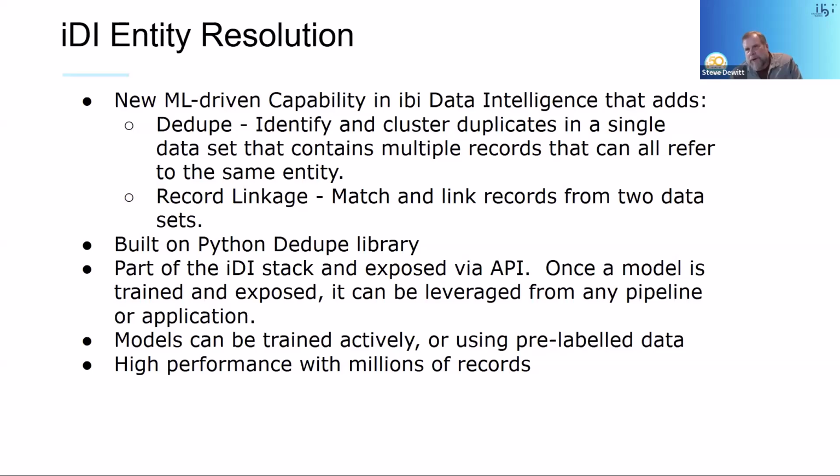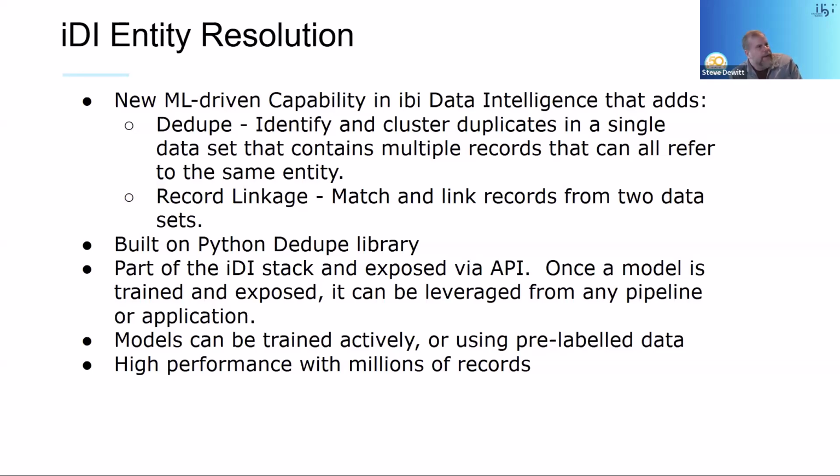It is a key part of the IDI stack, and we have a process that you'll see in the demo where you build your project, train a model, and then expose that model through an API that then any service that we want to integrate with it can call. But in particular, for this example, our data integration successor to Omni-Gen can call at match time.